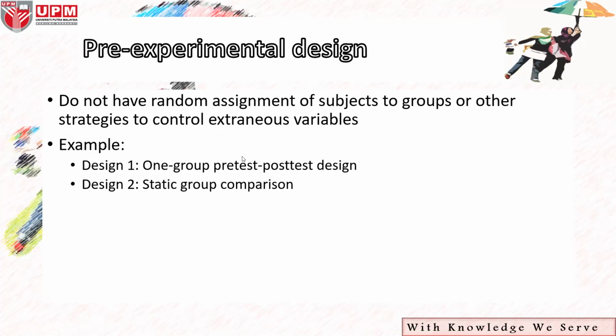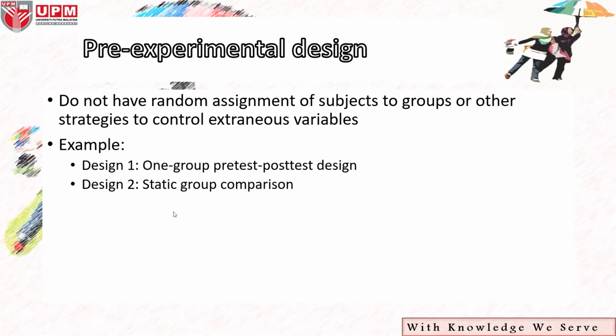Sebab we do not have random assignment when we assign respondents to the group. We want to make comparison between two groups, for example. So when assigning the group, kita tak apply random assignment. Kita conveniently choose the respondent and locate them within the group. So kita tak ada strategi untuk control the extraneous variables ni.